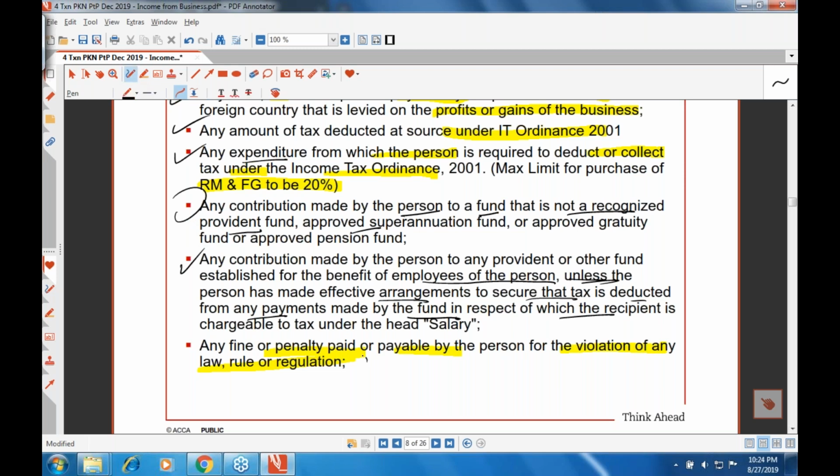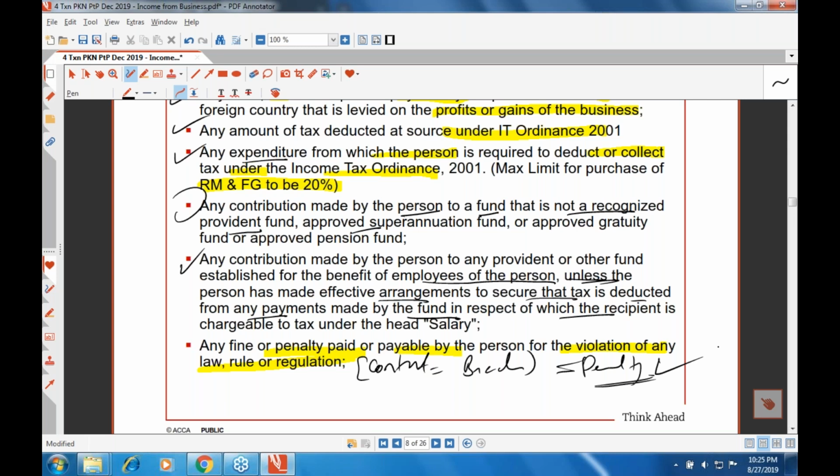Now try to understand this. For example, if you have got a customer contract and you make some breach on that and you are being levied a penalty, that penalty is claimable expense. If you breach a customer contract or you breach a contract with, not with the government, with somebody else, then what happens is you can claim that expense.